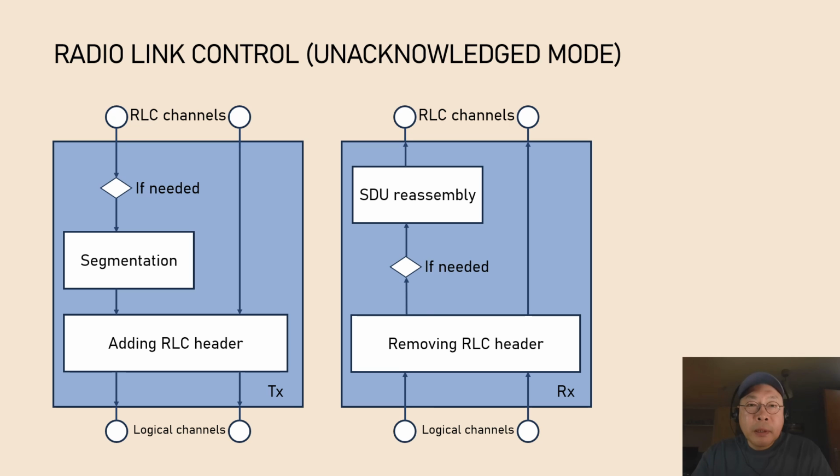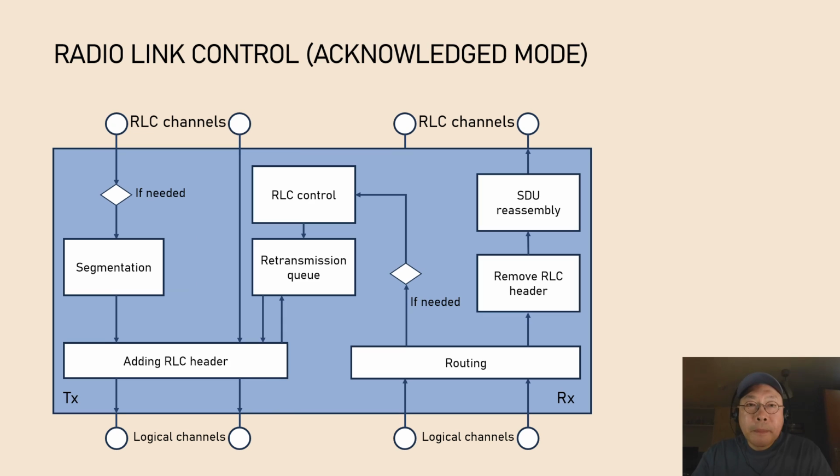Upon reception, it reads the RLC headers and reassembles the data packet if necessary. In acknowledged mode, the retransmission feature is added on top of unacknowledged mode. In this case, the RLC follows the ARQ, Automatic Repeat Request, protocol rules.